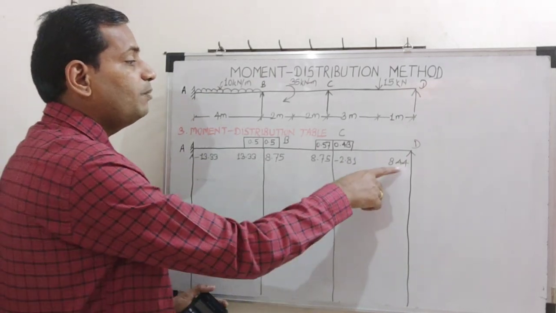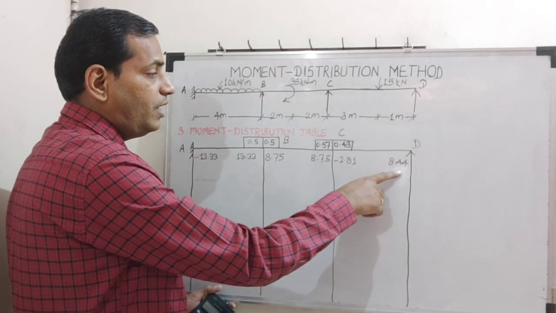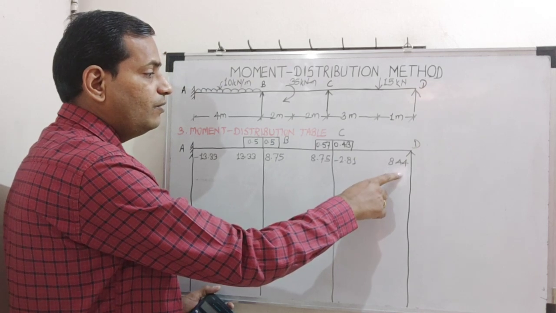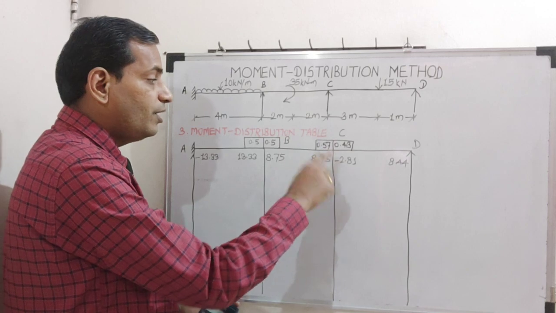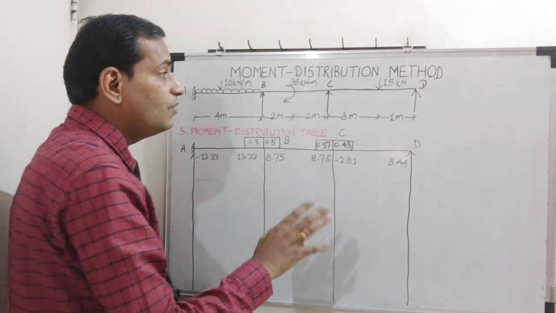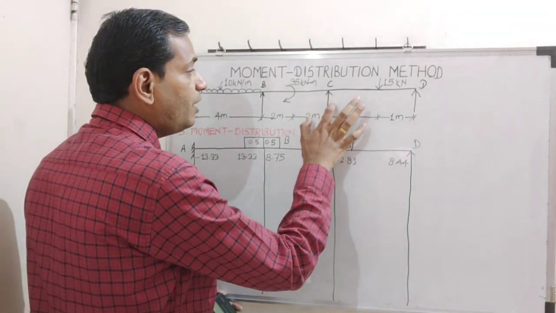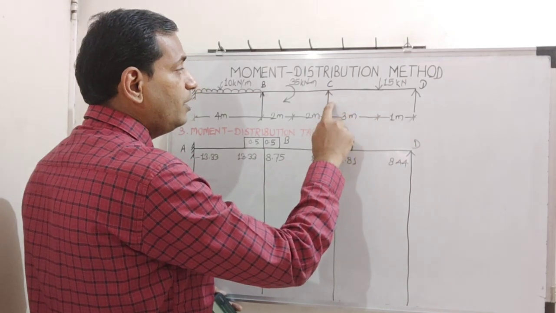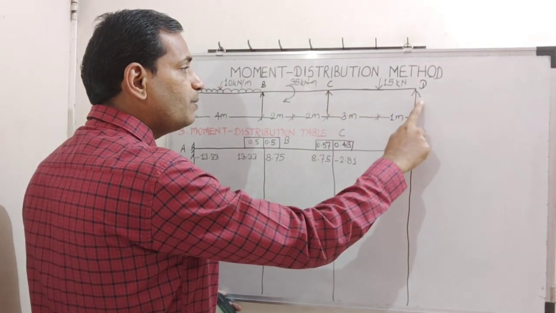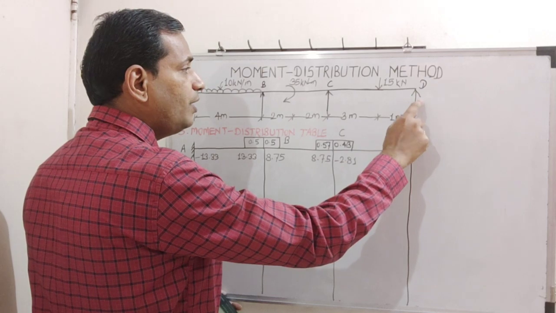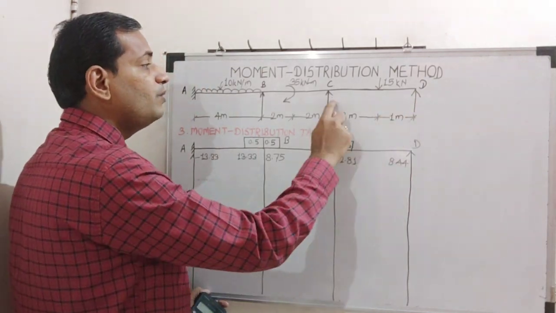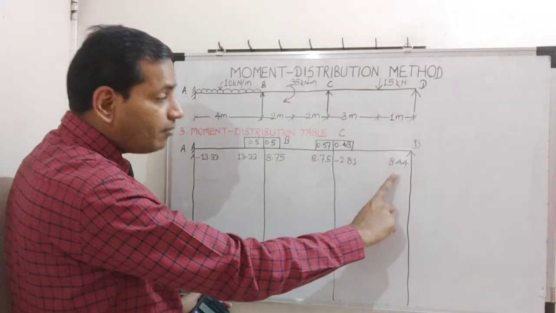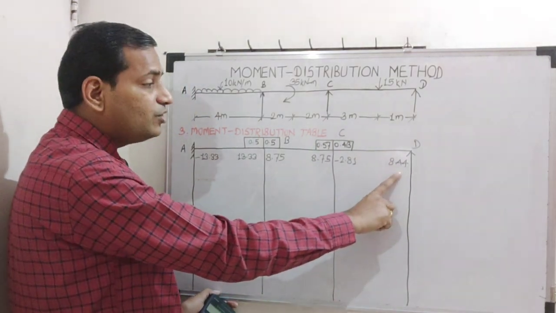So subtract 8.44 from this end and its half value will go to the intermediate joint, which is a fixed joint. The intermediate joint is always fixed. Why? Since this is an intermediate joint, and this is a simply supported end. So if you are applying moment 8.44 here, its half value goes to the far end. So how much are we applying? Minus 8.44 to make this 0.